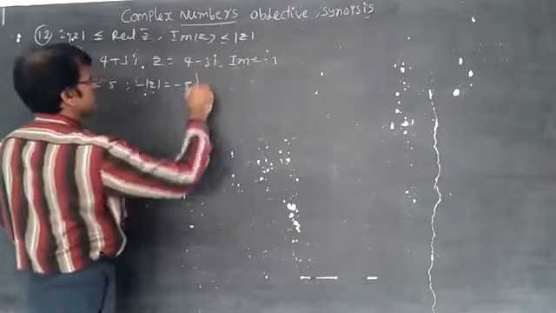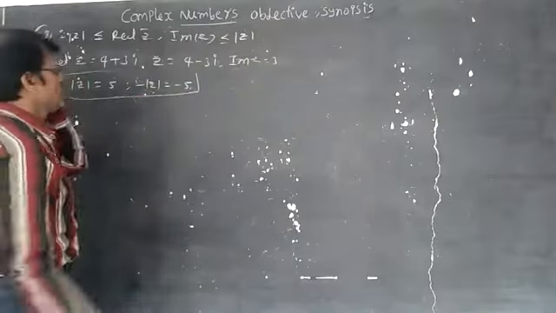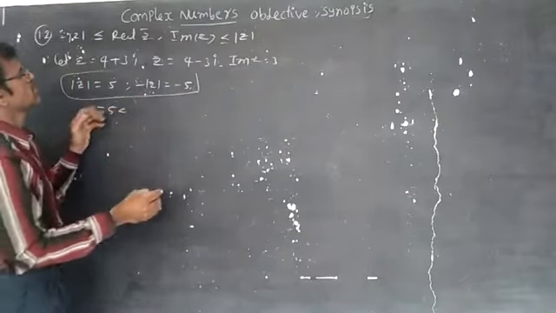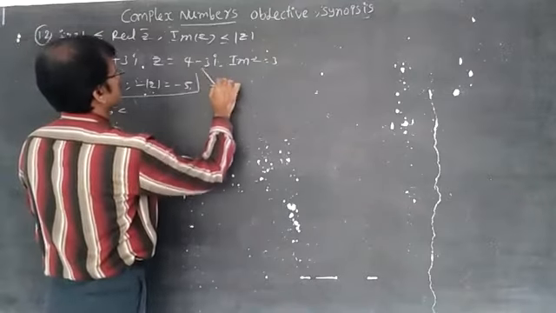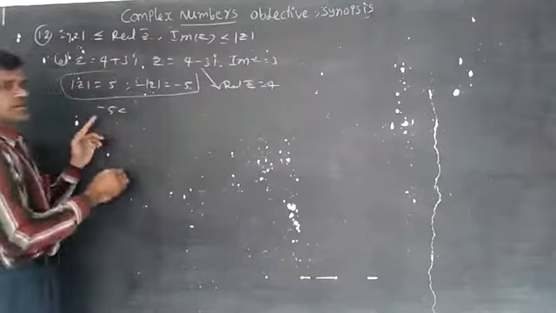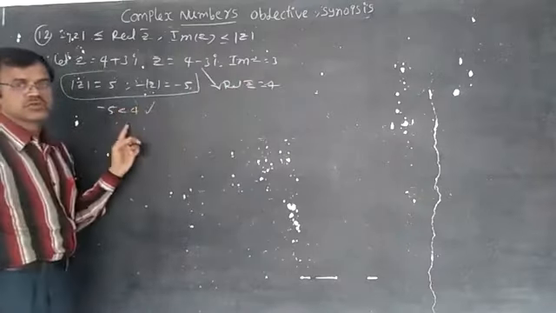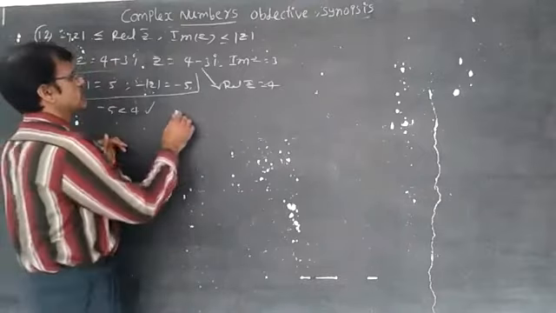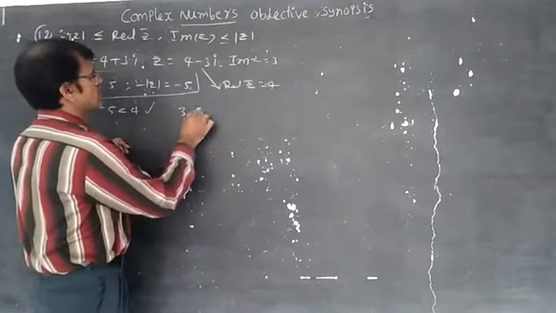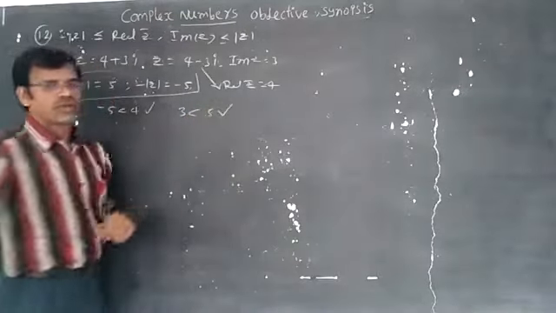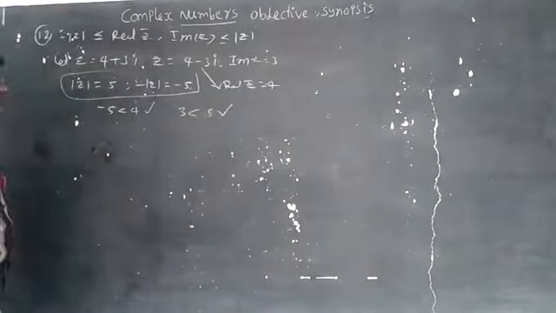Imaginary z means 3. Use the property: minus 5 is less than real z bar, which is 4. Minus 5 less than 4, it is true. It is a property: minus mod z is less than real z bar. What is imaginary z? 3 is less than modulus of z, which is always 5. This is a property you should remember.